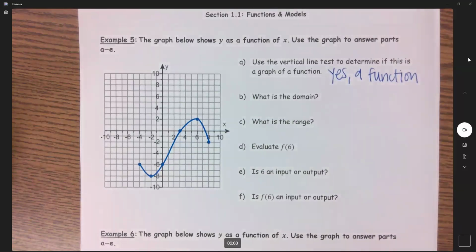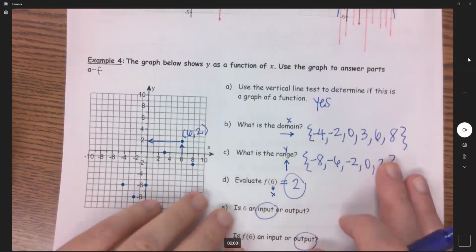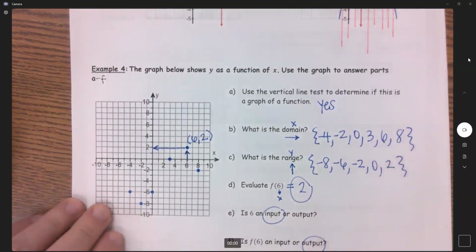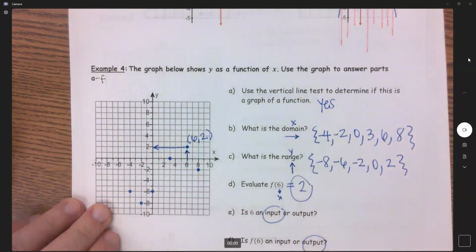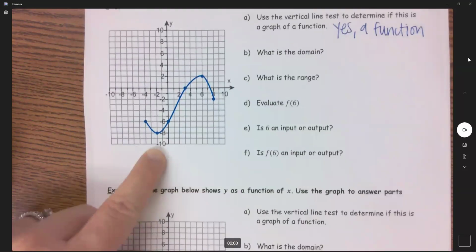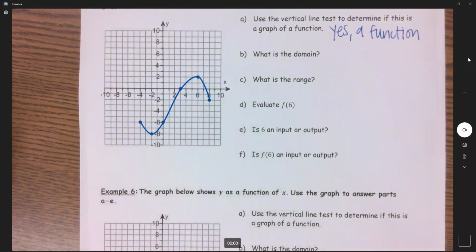Now, what is my domain? This is going to be different here. On example 4, I could list out every number that was in my domain because it was just these 6 points. Even though these 6 points are still in my graph, I am talking about an infinite amount of x numbers here.